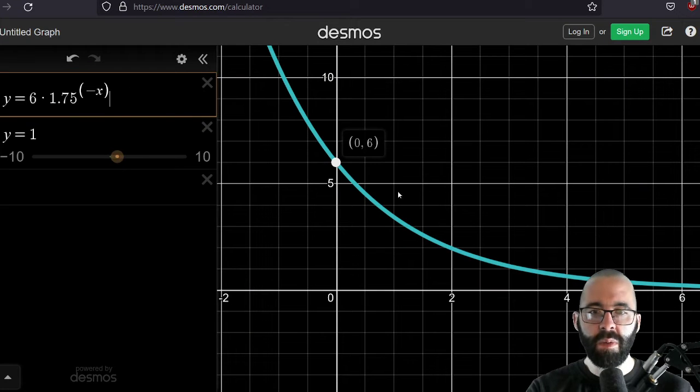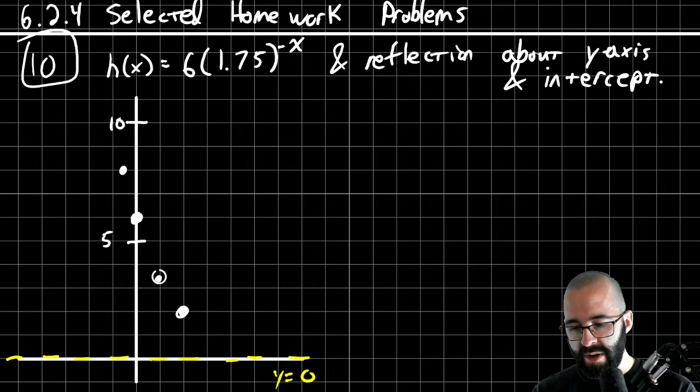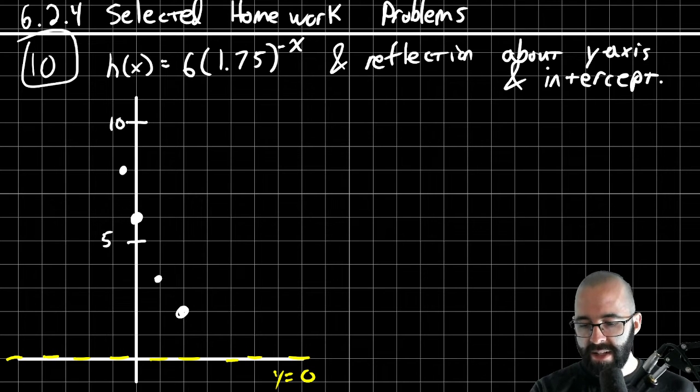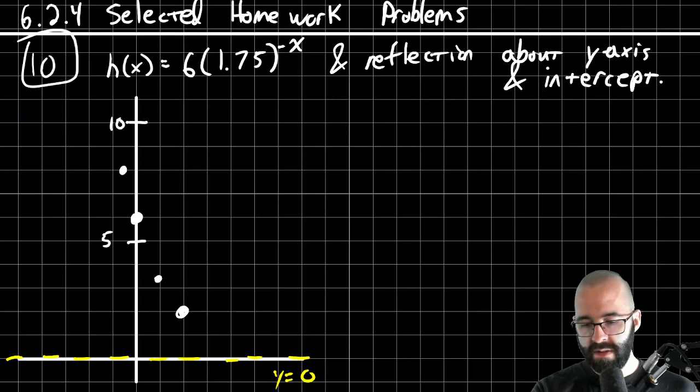Now we're just going to start approximating. When x is equal to 1, about 3.4. When x is equal to 3, we're a little over 1. And so on.